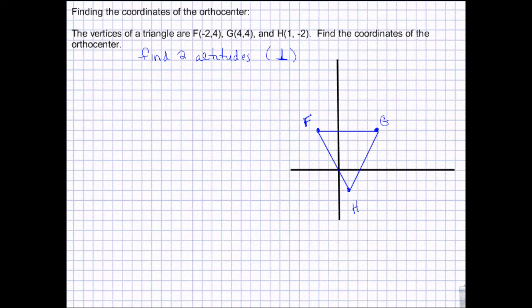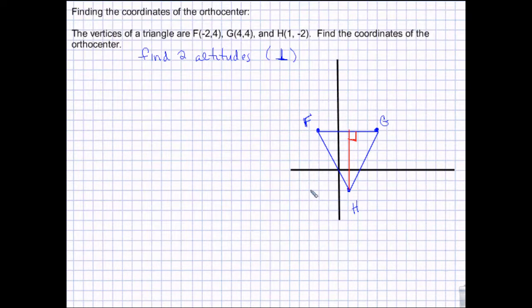The first one, because this line is flat, I need a line going straight up and down. And I happen to have a line going straight up and down right here. So the first altitude is not too bad, right, for this particular triangle. And that would be a 90-degree angle.